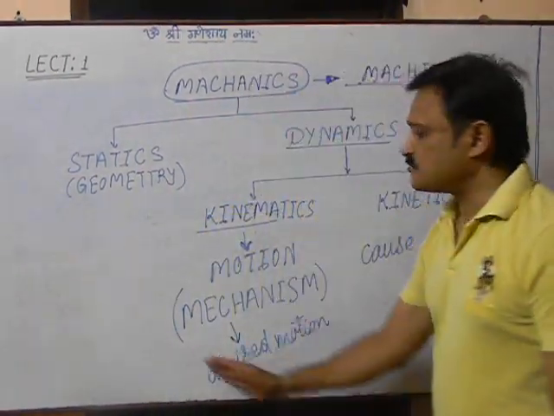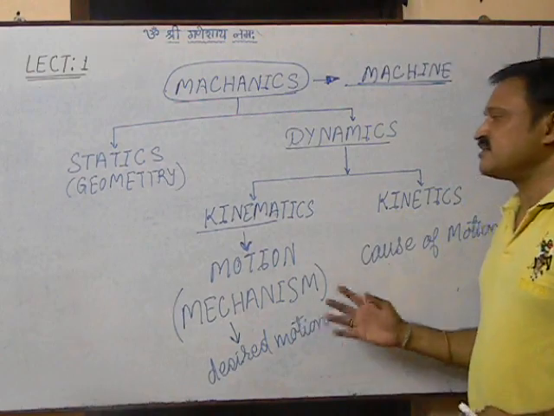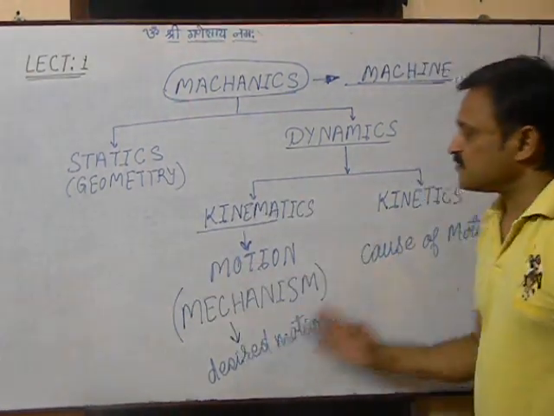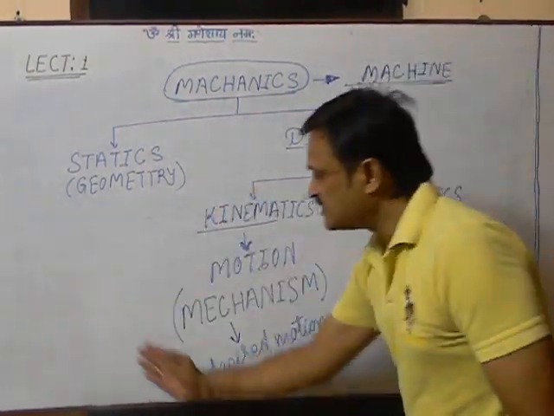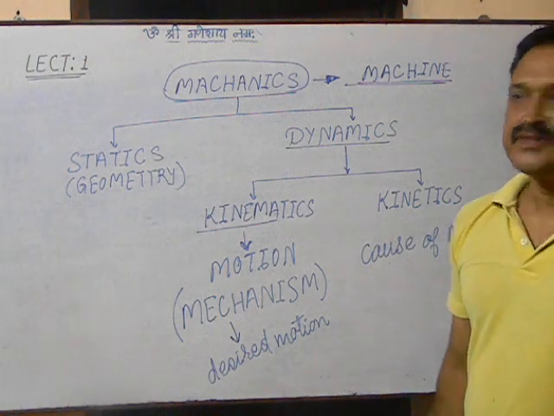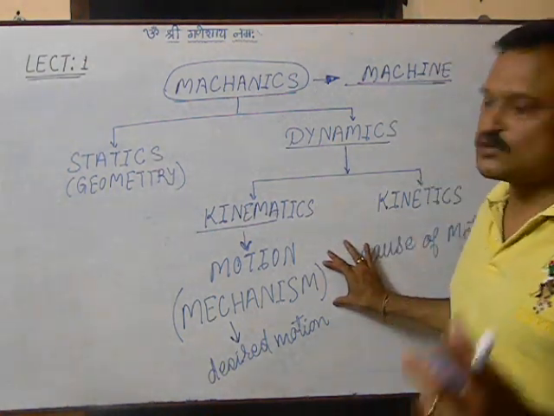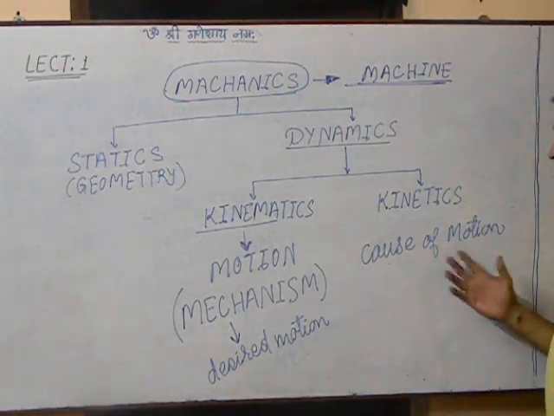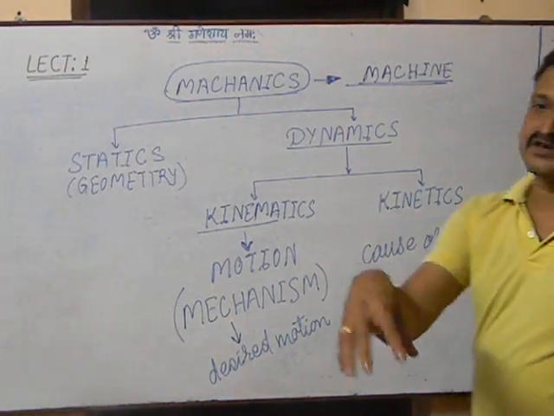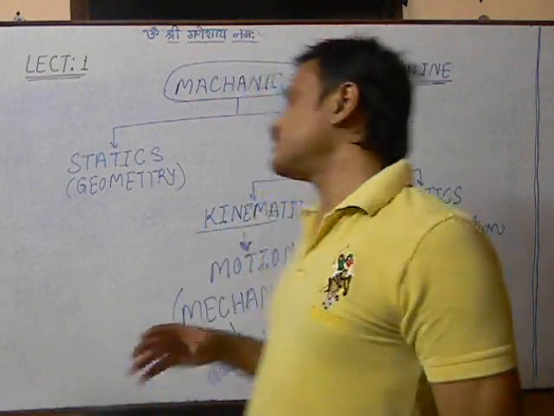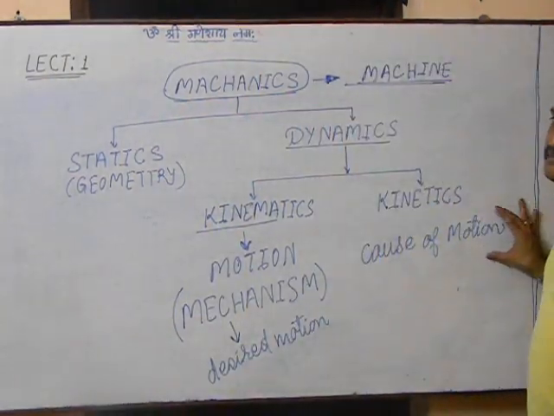Whatever we are trying to understand or design, this area of study is called kinematics, wherein we are framing a mechanism to do the job. And when we are involving the cause of these motions entirely, then we are talking about the machine.